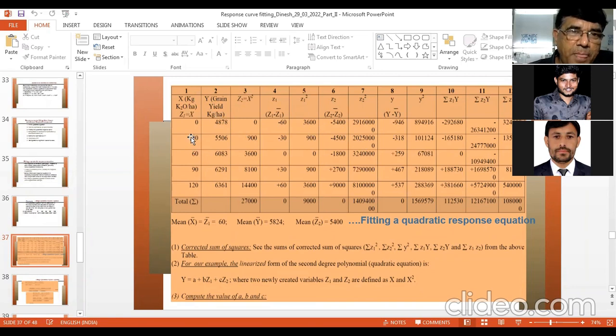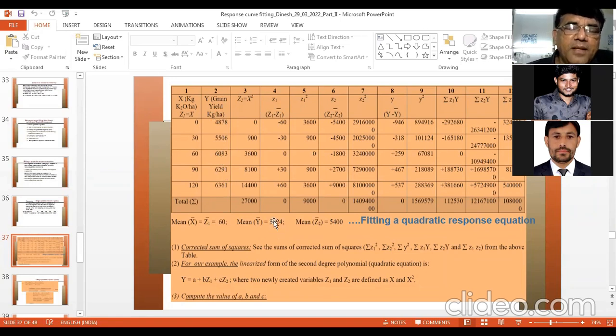So column 1 is your capital Z1: 0, 30, 60, 90, 120. Then the mean of x, or mean of Z1, is 60. Then column number 2 is your grain yield, capital Y, kg per hectare. Values are there and you can calculate the mean of Y by totaling the 5 values and dividing by 5.